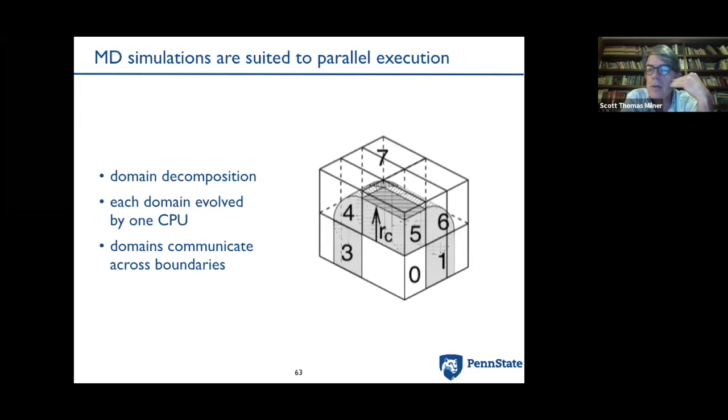So modern cluster computers consist of multiple nodes. Each of them typically has two chips in it, each of which has multiple CPUs on it.